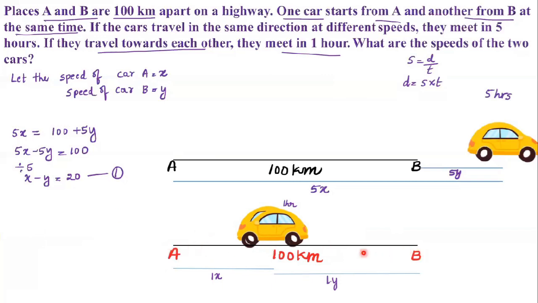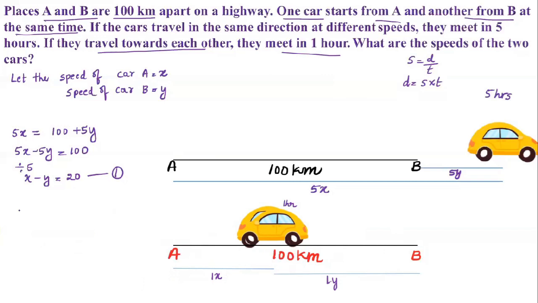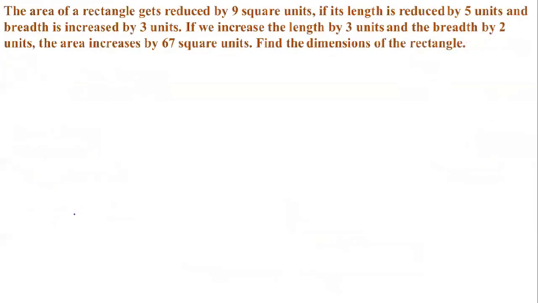Now 100 is equal to 1x plus 1y. So 1x plus 1y is equal to 100. This is the second equation. You have to solve that by elimination method.